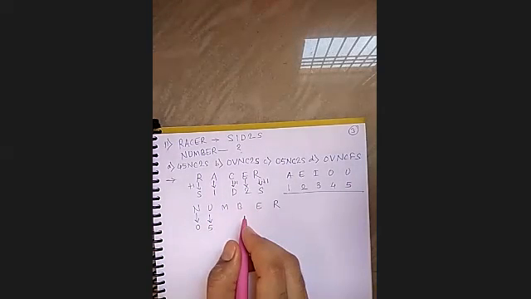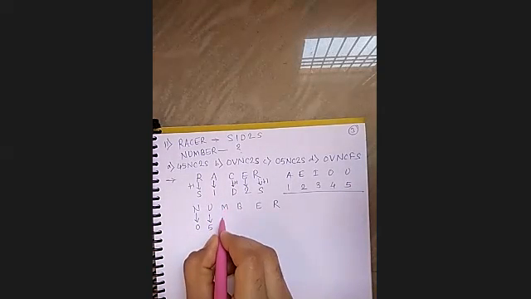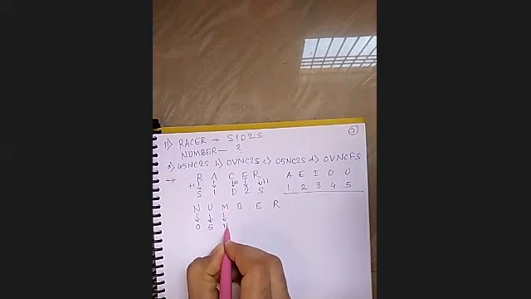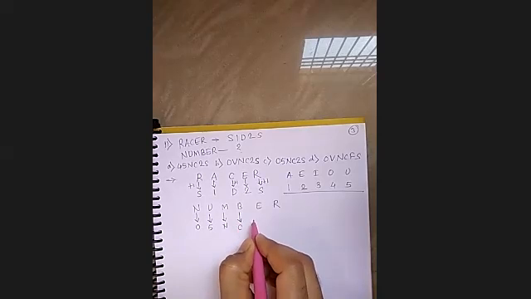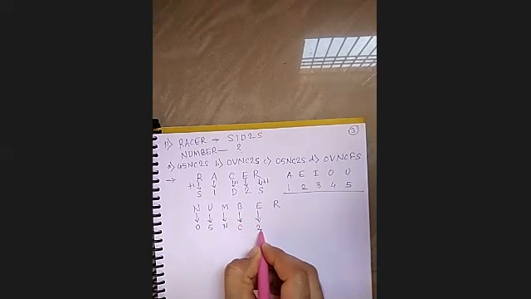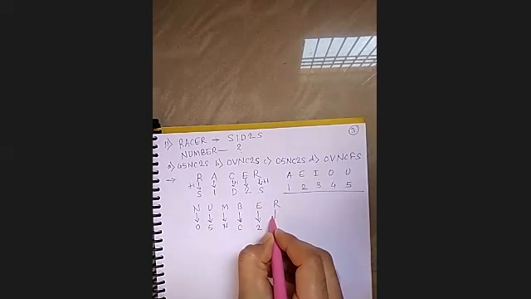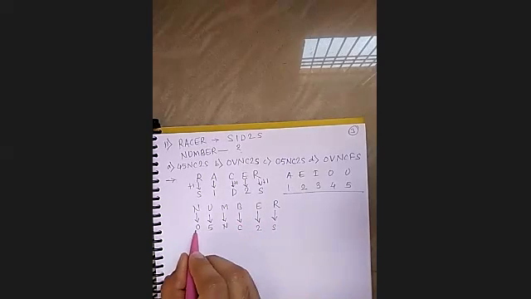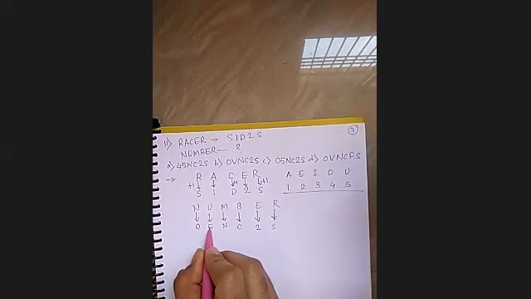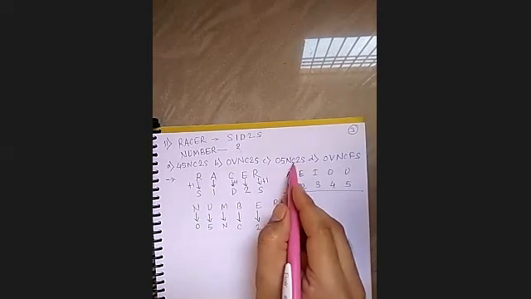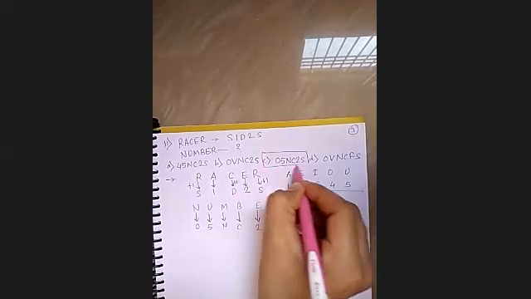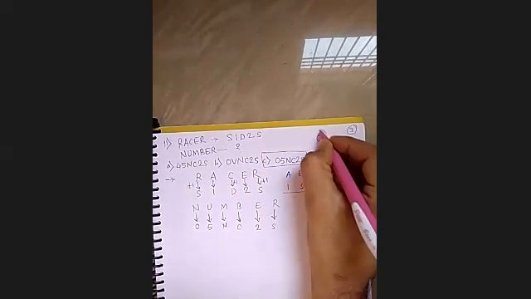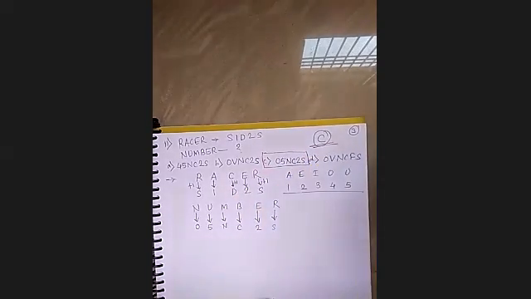Fine. Then next is M plus 1 is N, B plus 1 is C, E is again having number 2, and R plus 1 is S. So what you require? O5NC2S. And therefore your option is C. Right. So option C is the answer. Fine.